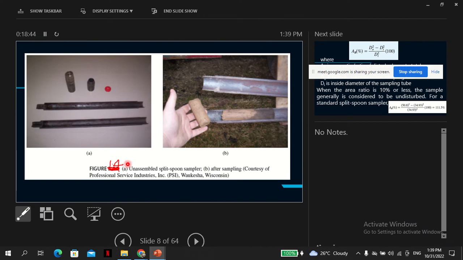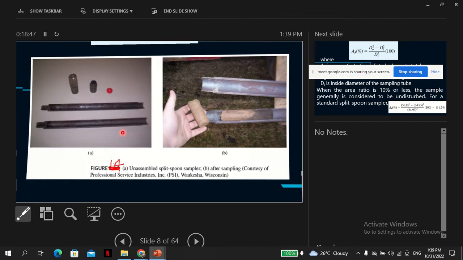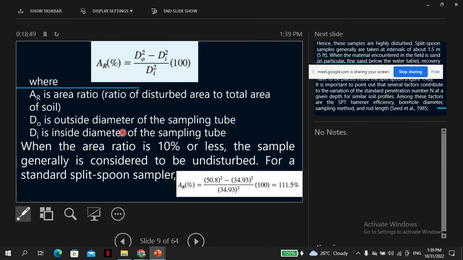So that's the split spoon sampler, and this is how to get the disturbance ratio. You will realize that getting a sample that can be considered undisturbed is quite difficult, even though the purpose of this test is to try to characterize the in situ material as best as possible.